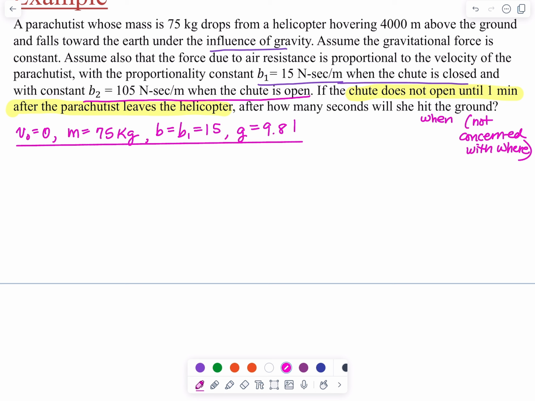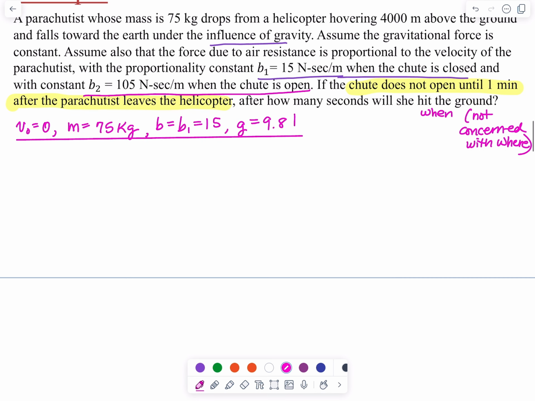So we will not have to do anything but only take a look at the vertical component. We will be using 1 for before the chute opens.